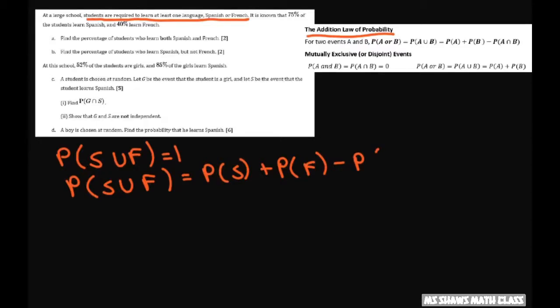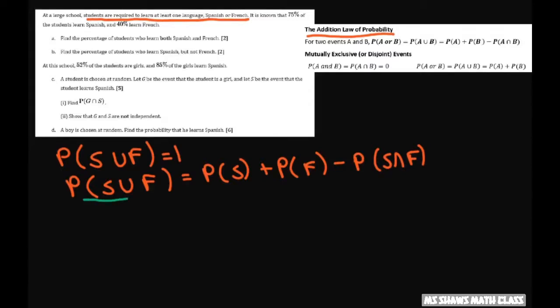So our formula is probability of Spanish or French equals probability of Spanish plus the probability of French minus the probability of Spanish and French. So let's fill everything in.